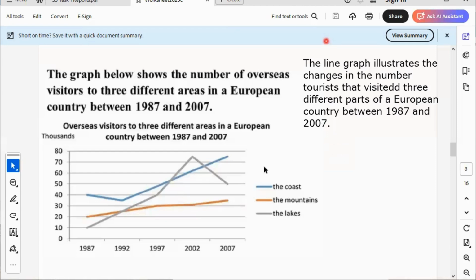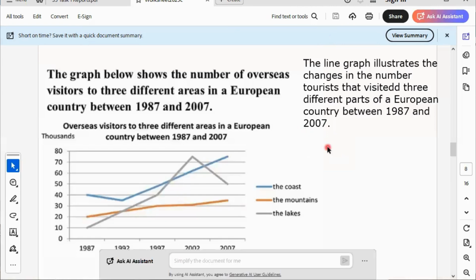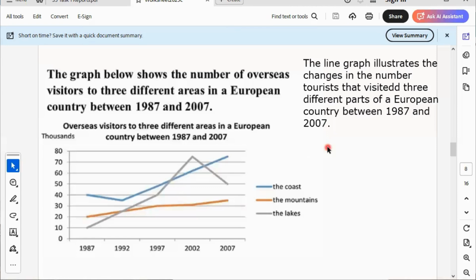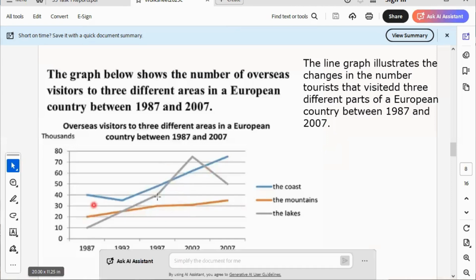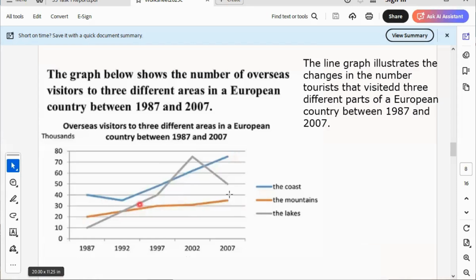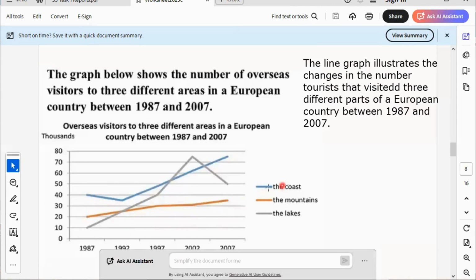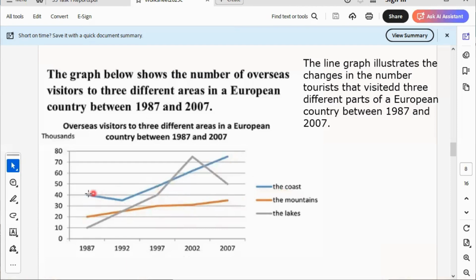So in writing your overview, you need to use what I call language of trend. I'm going to talk about that later on. So here, you just describe the categories that increased, the categories that reduced, and the categories that fluctuated. I'm looking at this now. I can see that the number of visitors to the coast reduced initially and then it increased. Somebody can look at this blue and say the number increased.